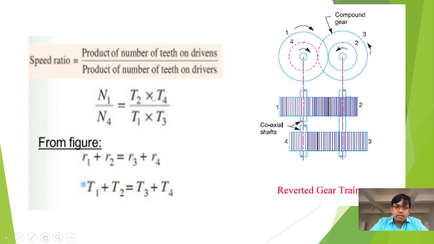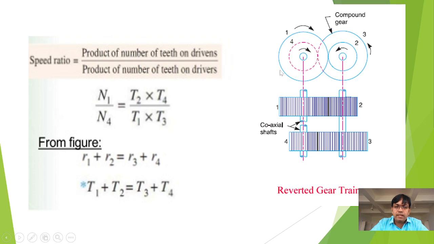Or you can also calculate it in this way, because 1 is meshed with 2. If you calculate the speed ratio between 1 and 2, N1 by N2 is equal to T2 by T1. And 3 is meshed with 4. If you calculate the speed ratio between 3 and 4, N3 by N4 is equal to T4 by T3.